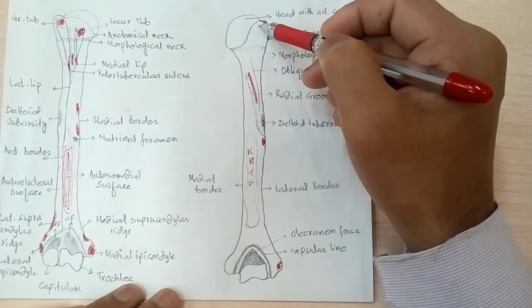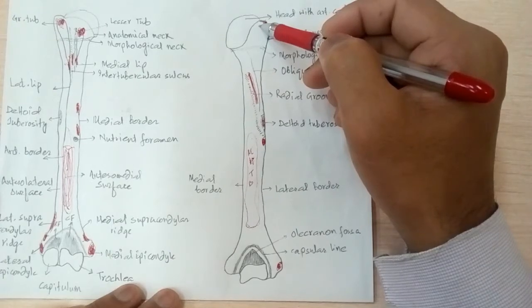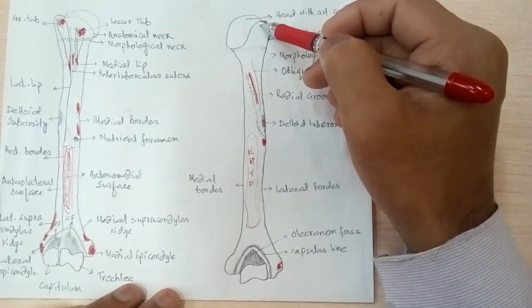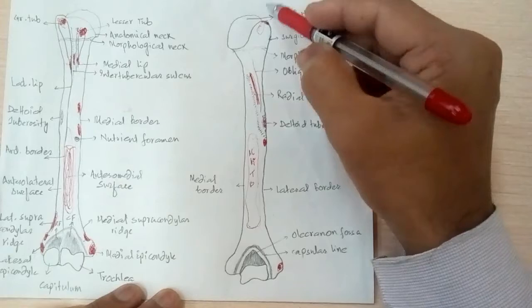But the important muscle, especially for the posterior surface, is the infraspinatus here.